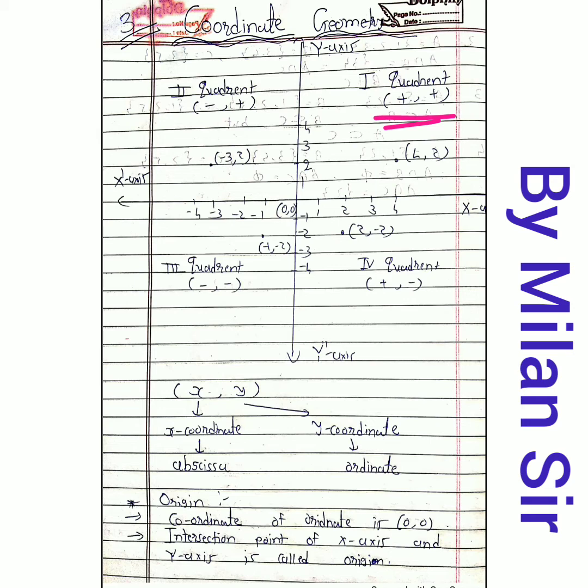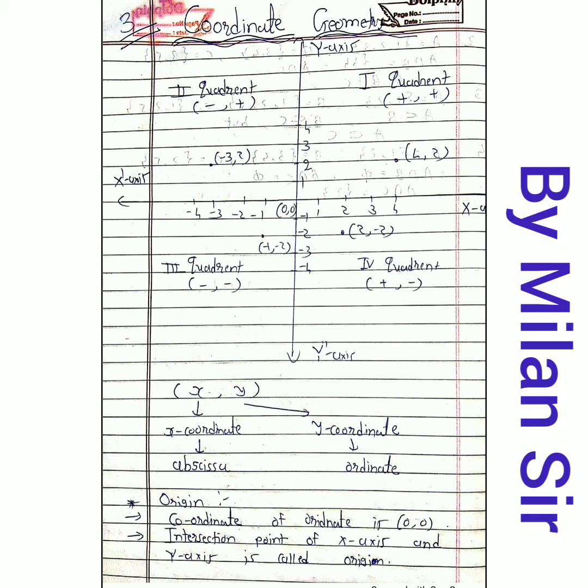Then in the second quadrant we have a negative value on the x-axis and a positive value on the y-axis. So the negative sign shows a negative number on the x-axis and the positive sign shows a positive number on the y-axis. So in the first quadrant both signs are plus, plus, and in the second quadrant the first sign is minus and the second sign is plus.